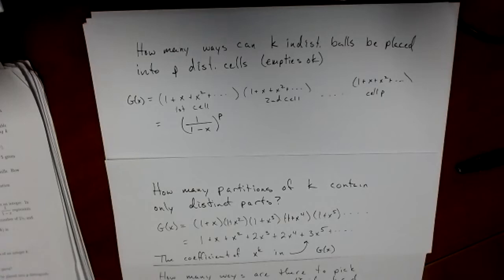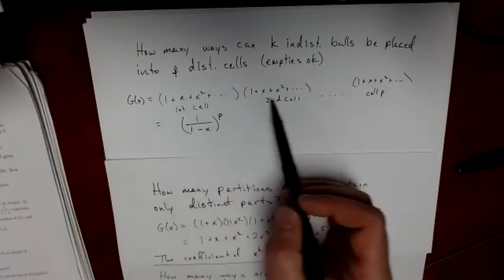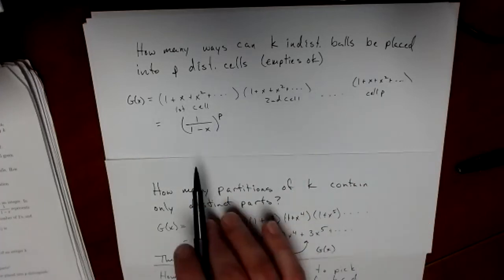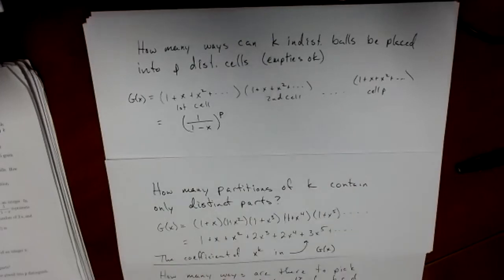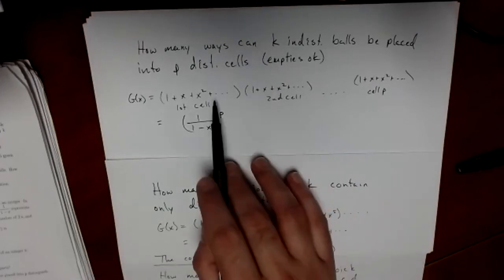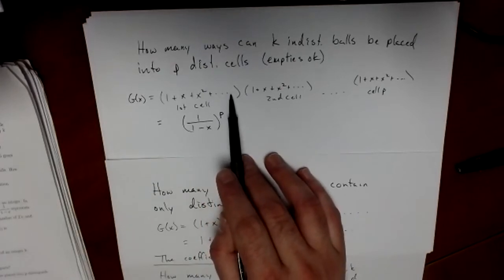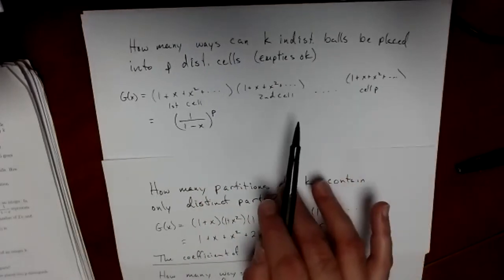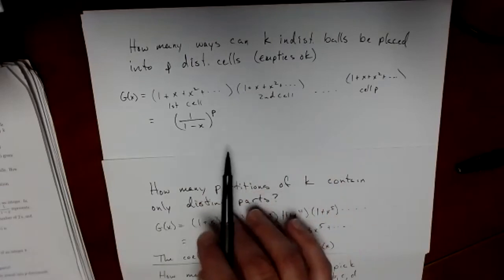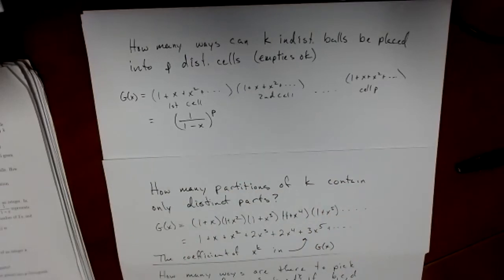But if I ignore that, those extra balls actually don't matter. If I pretend like I can put 75 balls in, even though K is actually only 3, then it's not going to matter because the x to the 75th term in this thing being multiplied by any of those is not going to change the coefficient of x cubed in that thing.